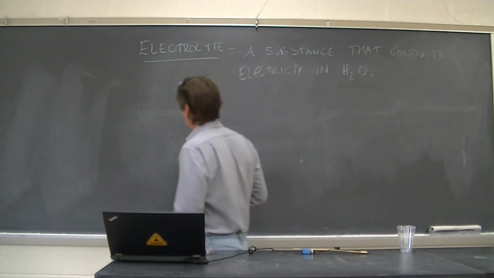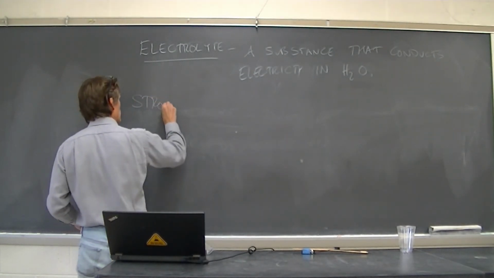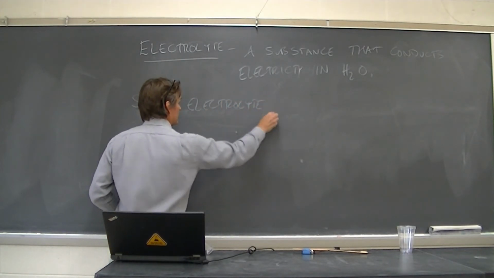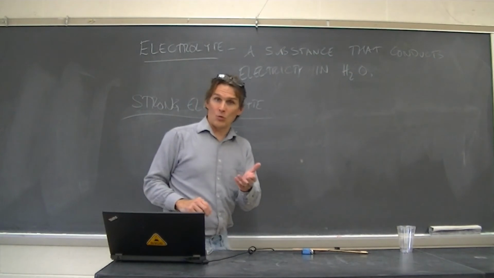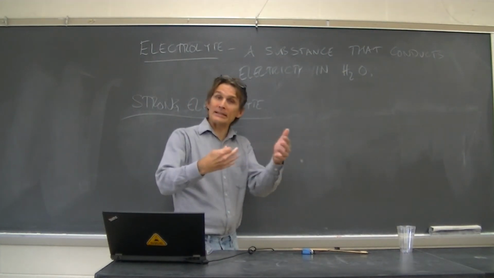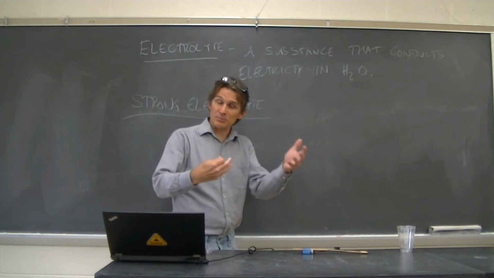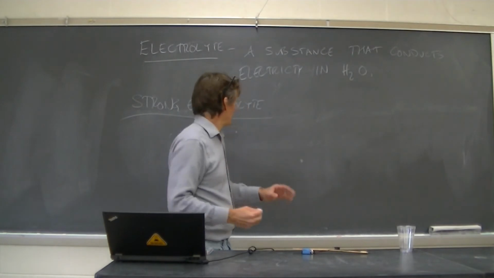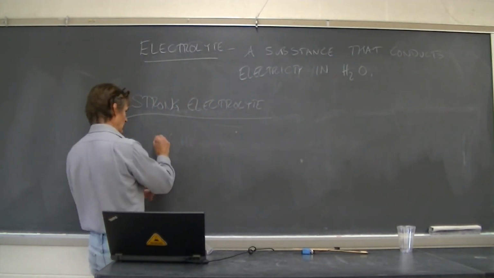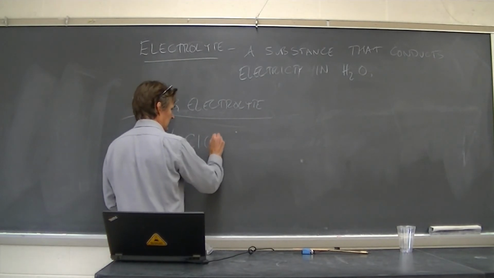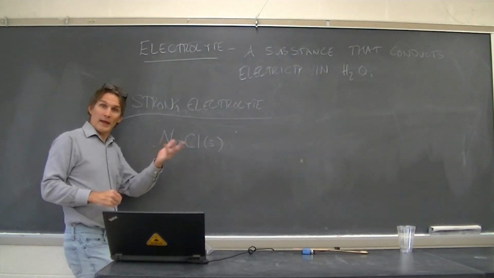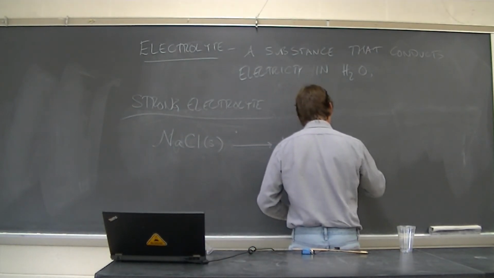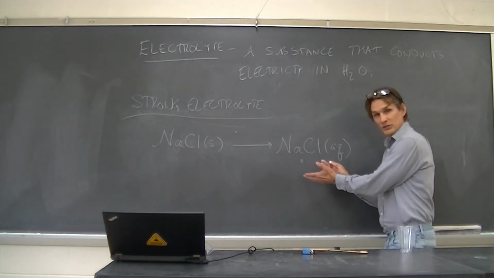A strong electrolyte, when it dissolves in water, whatever dissolves completely dissociates, or completely splits apart, into its constituent ions, the ions that make it up. So a strong electrolyte is like sodium chloride. I'll draw this, sodium chloride, symbolizing a piece of salt. When that dissolves in water, we can symbolize that by writing NaCl aqueous, like this. This means the sodium chloride has been dissolved.